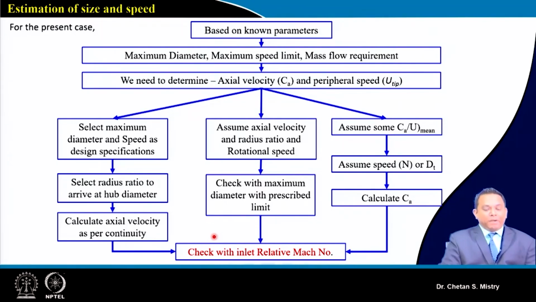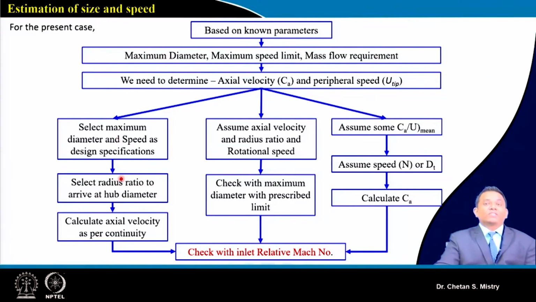It says maybe first you can select the maximum diameter and speed as per the design dimensions. So you can say our given diameter is known to us, and rotational speed is also given to us. So we can use this for our initial design calculation.